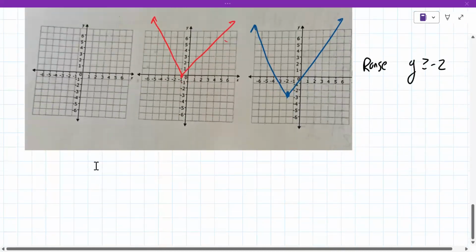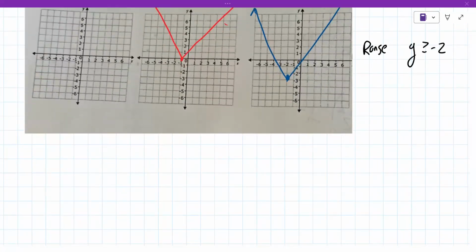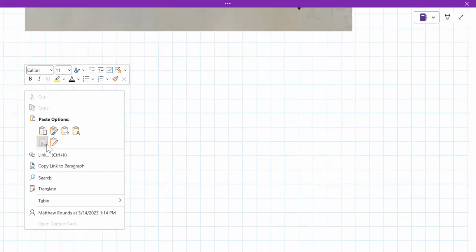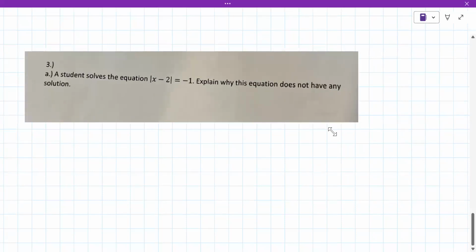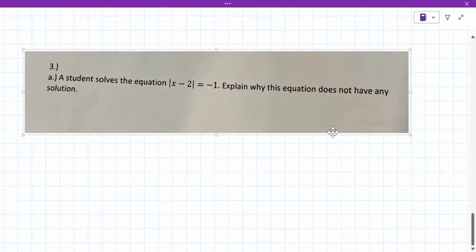All right, so let's look at problem number 3 together here. 3A. You see questions kind of like this on the SAT, but they're not written this way. Let's just try solving it the way we normally do, which is you set x minus 2 equal to -1.